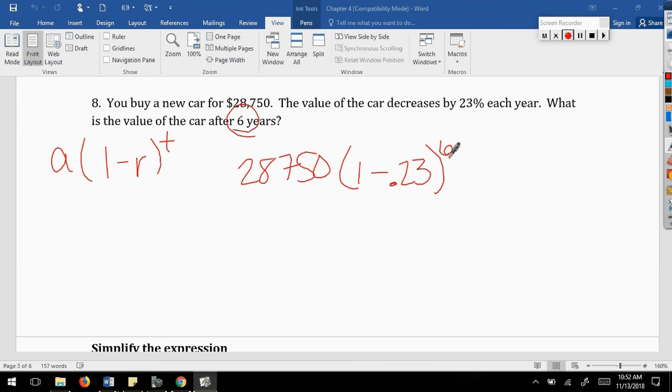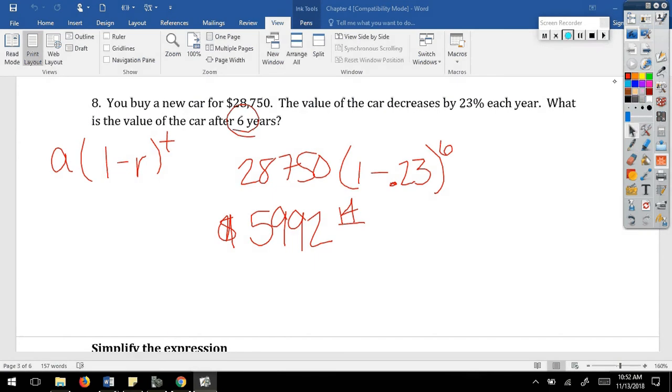So 28750 times 1 minus 0.23 raised to the 6th power would give me $5,992.14. So that's what it's worth after 6 years.